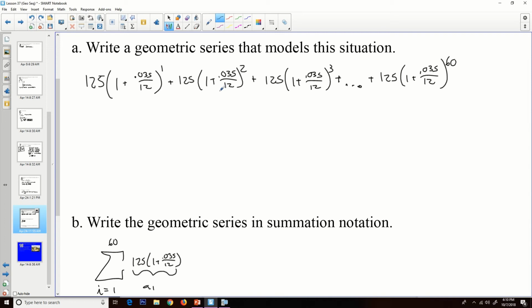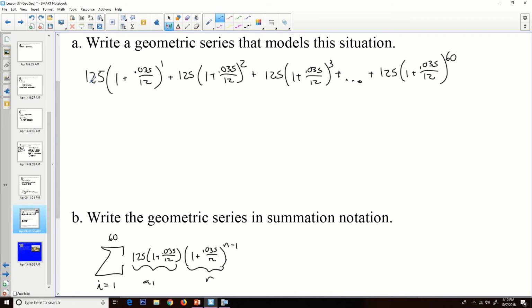And then this next term is multiplied by 1 plus 0.035 over 12 to the n minus 1. So this portion right here is my common ratio, and then my n minus 1.